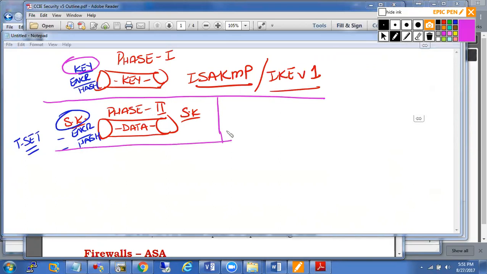So that's the first thing I want you to have in mind when you're taking a look at today's lecture. Everybody good with that? So when we talk about certificates, we're talking about phase 1 automatically. Good so far?